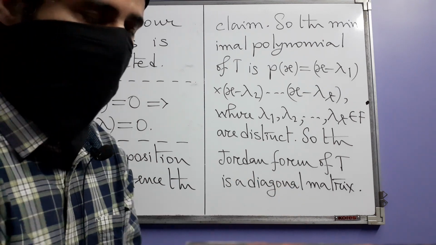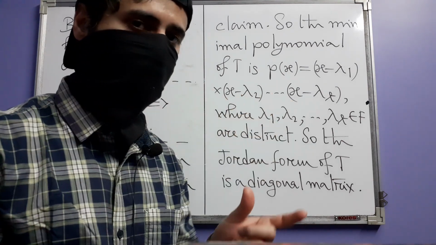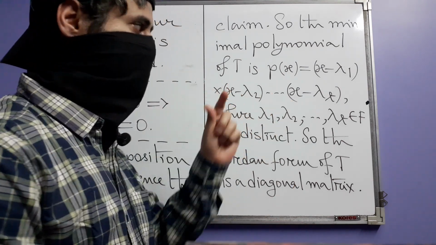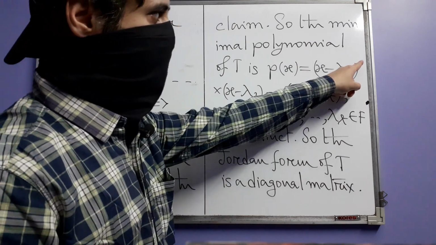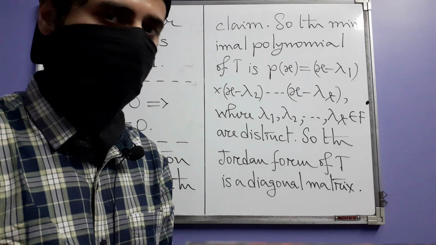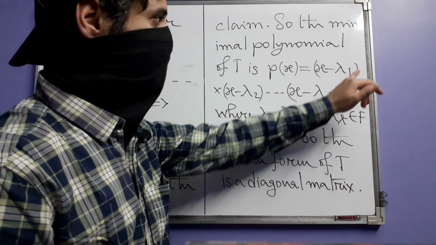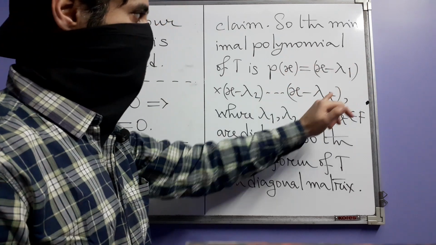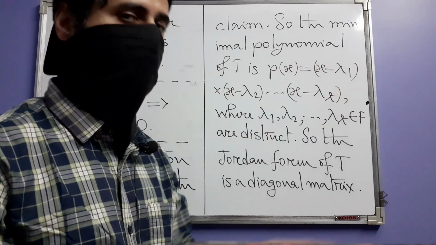Because do you remember what we said in one solution about the maximum sizes of the Jordan blocks? They cannot exceed the size of the exponent that you have of the factors in the minimal polynomial for the operator, because here each exponent is 1. So, each Jordan block will be 1 by 1.